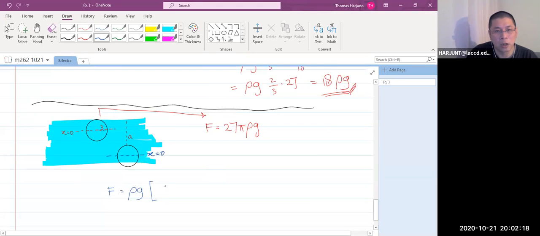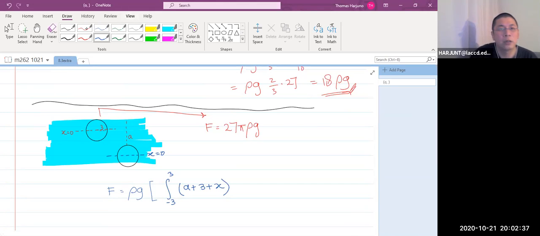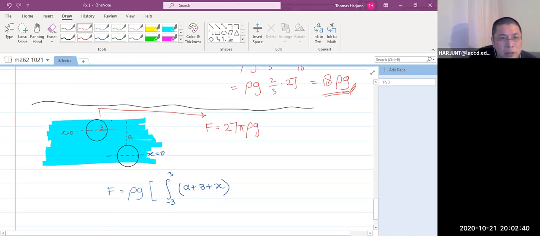So my integral will be integral from -3 to 3. The depth will be a plus 3 plus x. Because here the depth was x. I'm sorry, the depth here is 3.